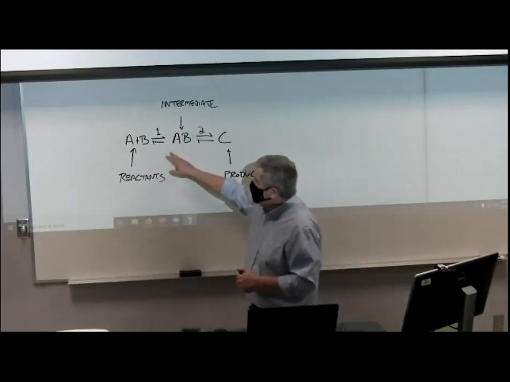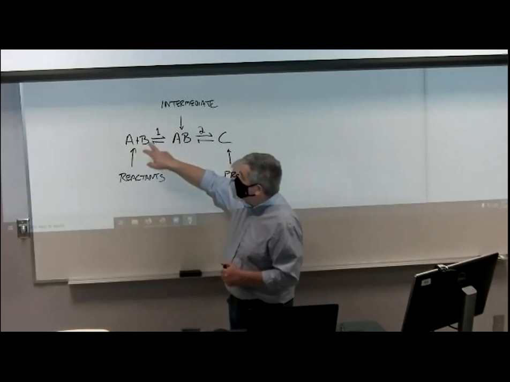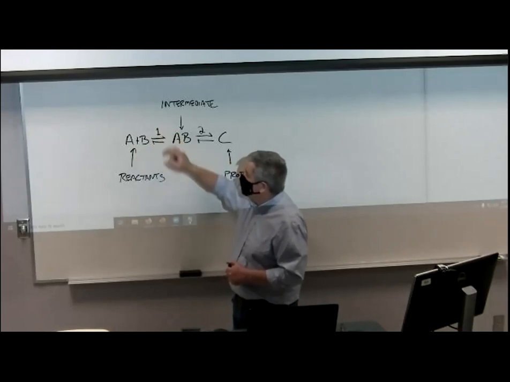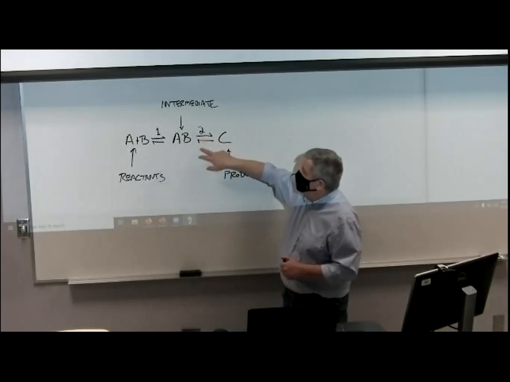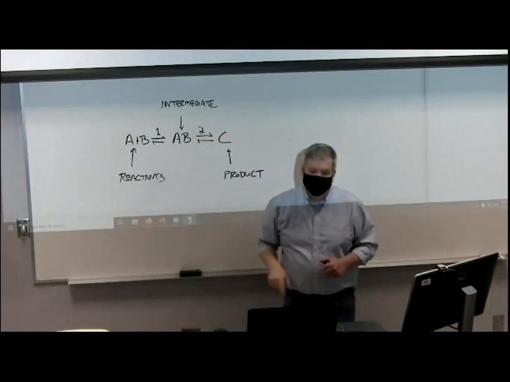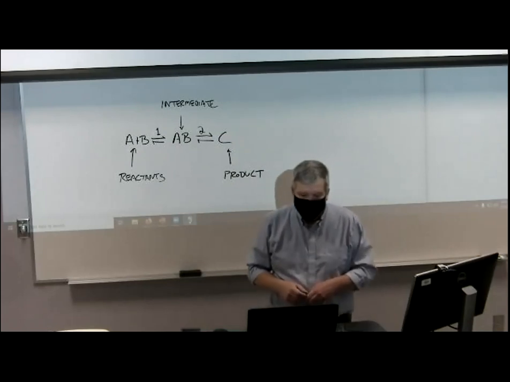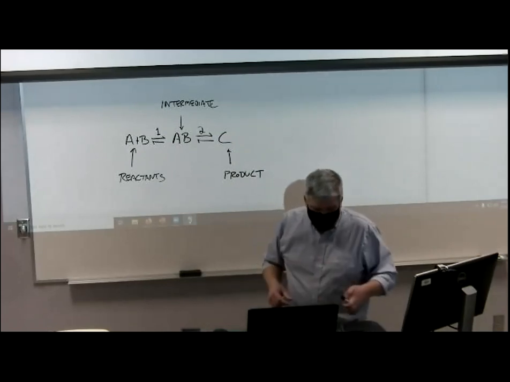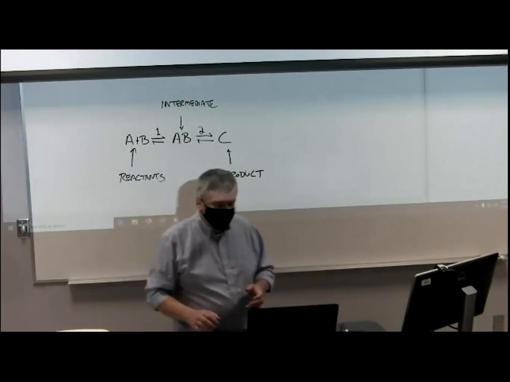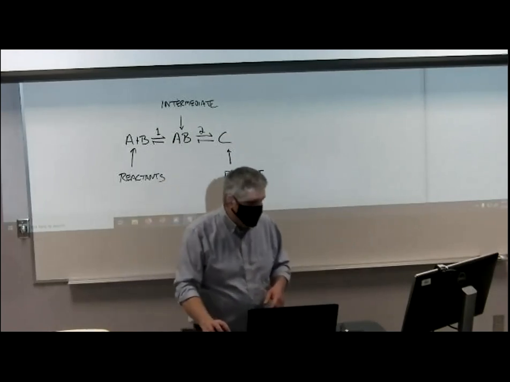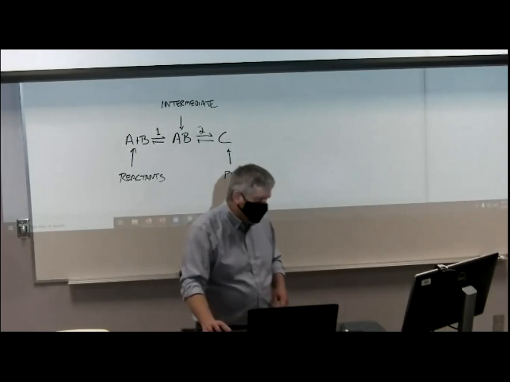In this case, A and B are the substrates for enzyme number 1, and the intermediate AB is the substrate for enzyme number 2. So the thing that's acted on by an enzyme is known as that enzyme's substrate.